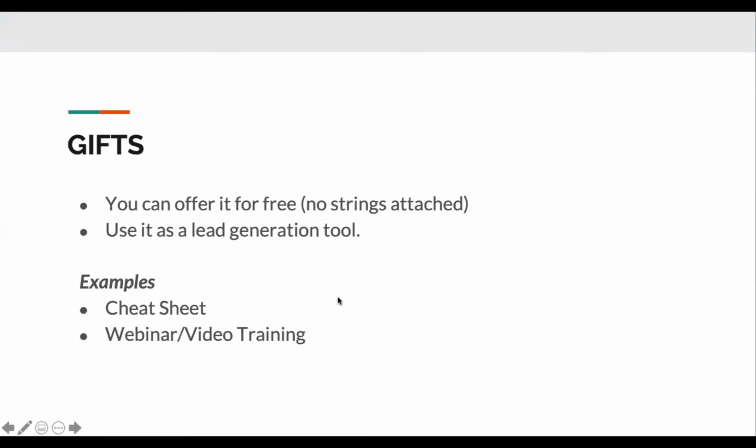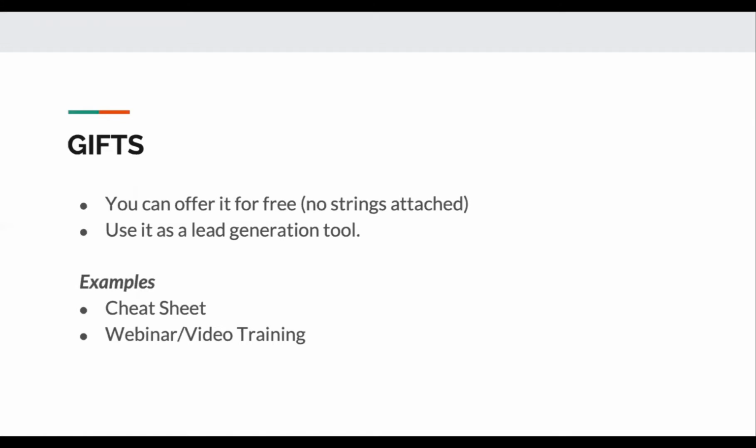So an example could be a cheat sheet. So this is like a small document, let's say one to two pages. It is not usually bulky. It just gives the main points, something like a key points document.